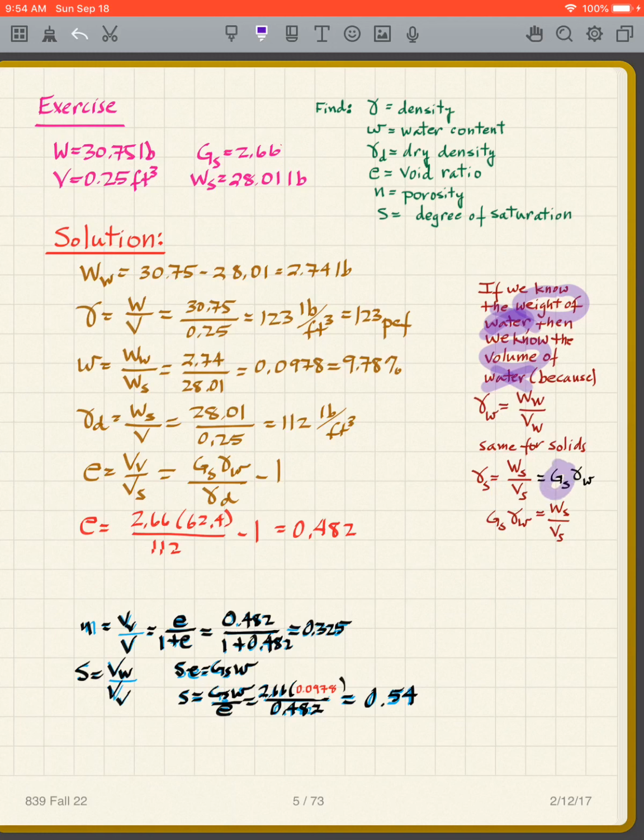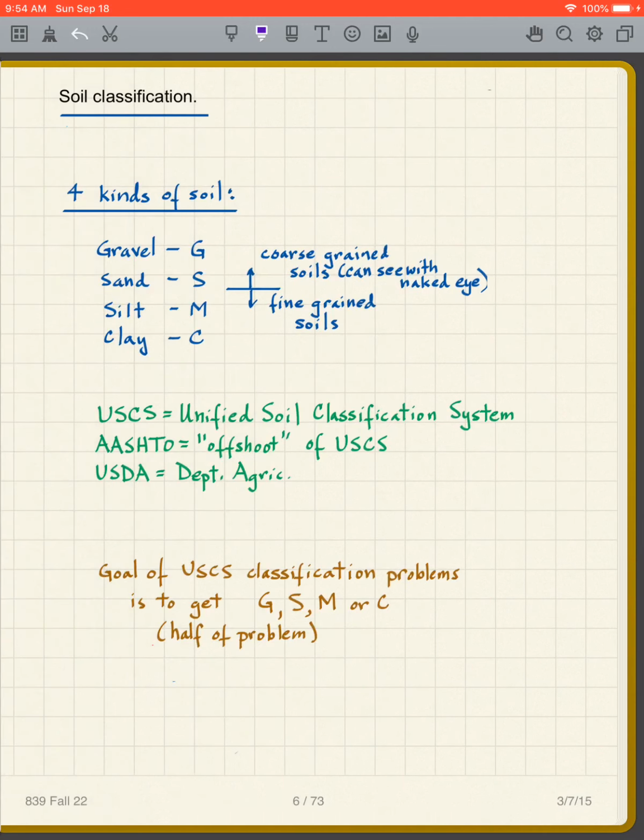Because it's all about getting gamma. Gamma W we know always. To get gamma S, we have to know G sub S. So just remember, if you're given one, you can get the other one. And when I say given one, if you're given the weight, you can get the volume. If you're given the volume, you know the weight.